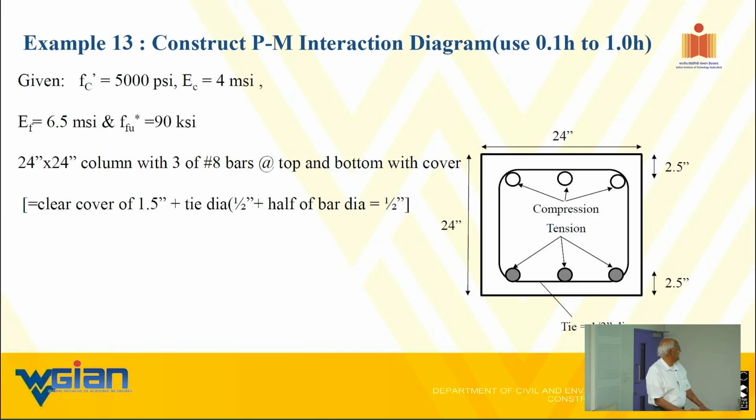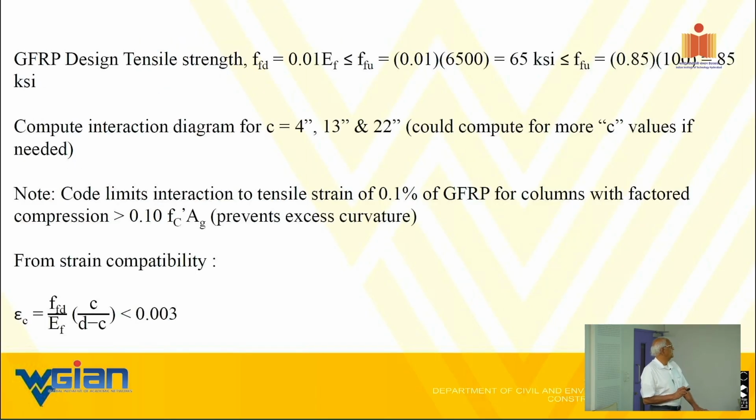So if you look at the example of PM, I'll go over this tomorrow, but let me go over this in a broad brush manner today. The compression side area is neglected from GFRP for the PM diagram construction, and the tensile strengths are all given.